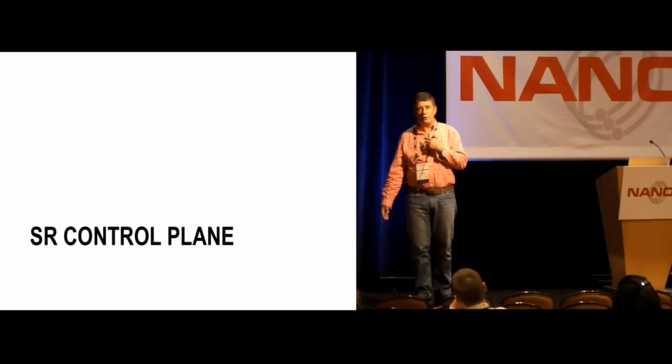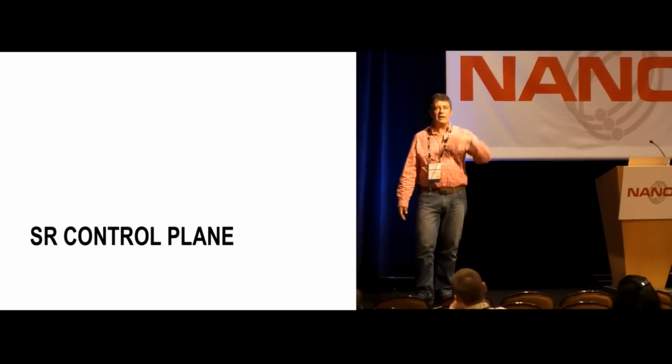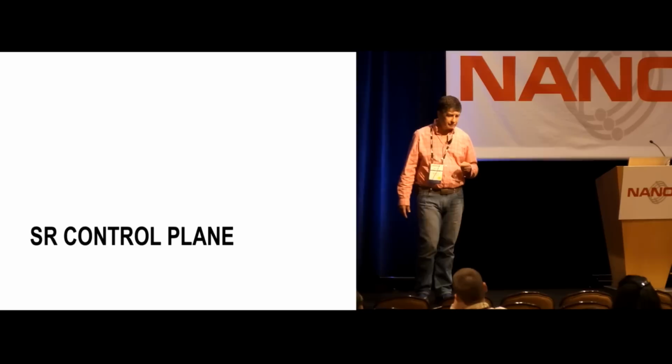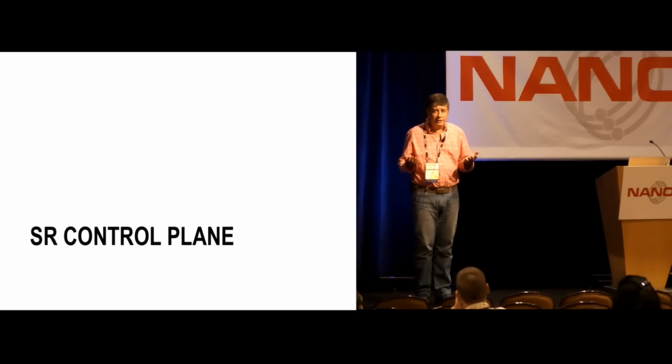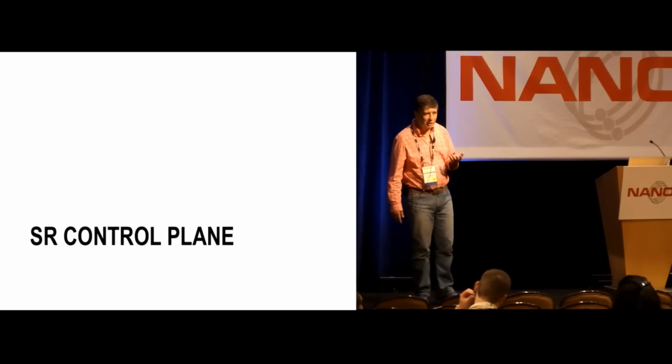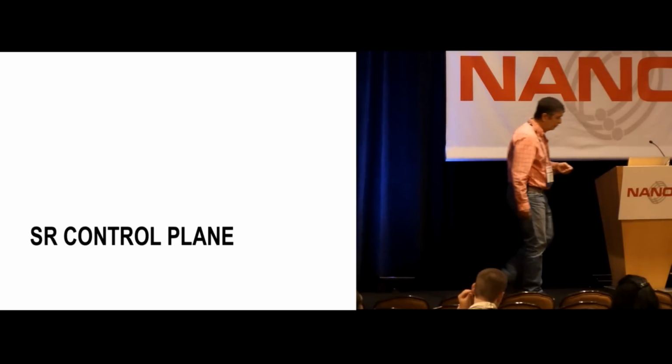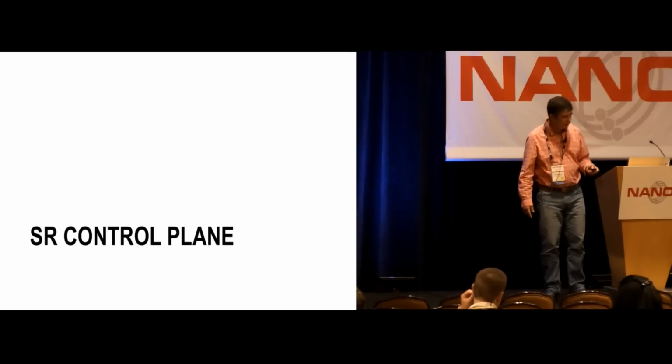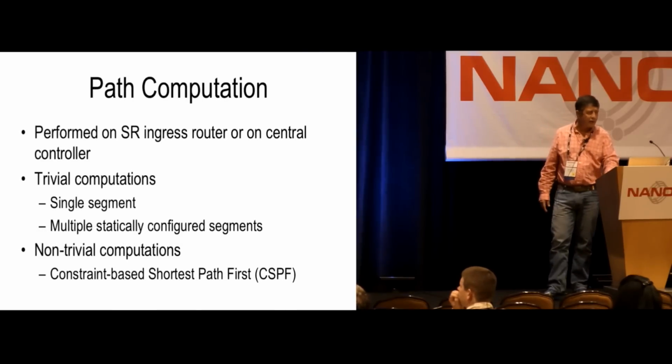If you're terminating a prefix segment, you need to advertise that. If you're originating an adjacency segment or a binding segment, you need to originate that. So you need two things. You need an IGP and you need a path computation module. So let's talk about these a little bit. And let's start by talking about path computation.